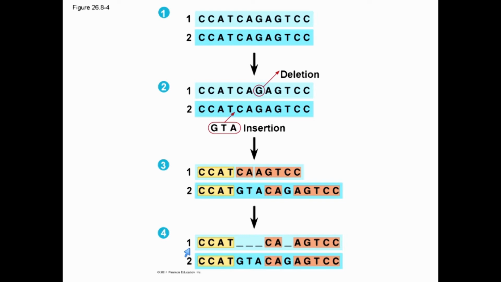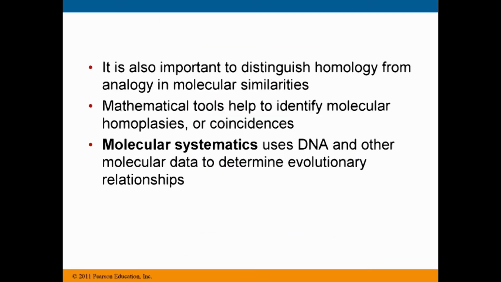Okay, so they can do those insertions of the lines for you very easily and do the comparisons that way. As you're looking at evolutionary data, it's very important to distinguish homology from analogy. And we use mathematical tools, we use computer programs to help identify these homoplasies or coincidence, if you will.